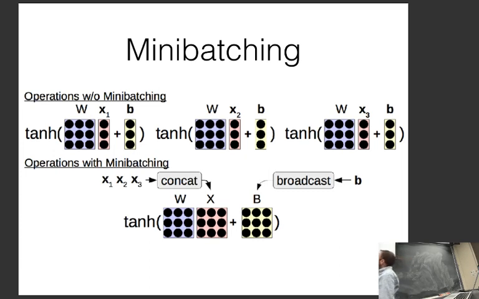But what we do instead is concatenate all of these vectors together, and we do a single matrix multiply. We do a thing called broadcasting, which duplicates this b over multiple columns, and then we add that in, and then we take the tanh. So instead of doing all of these operations independently, we do them together.